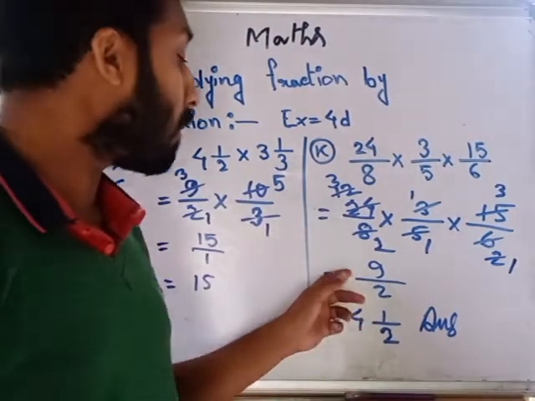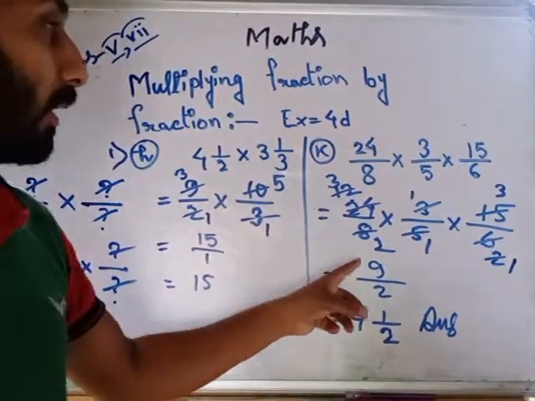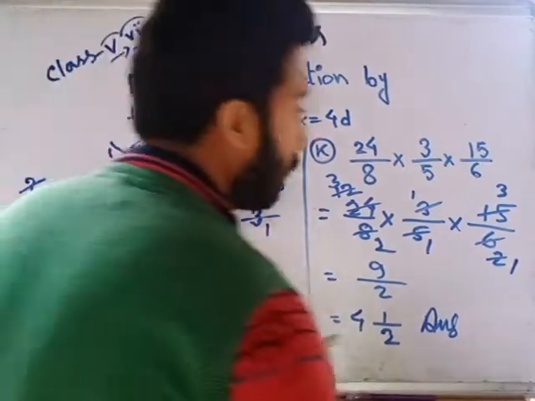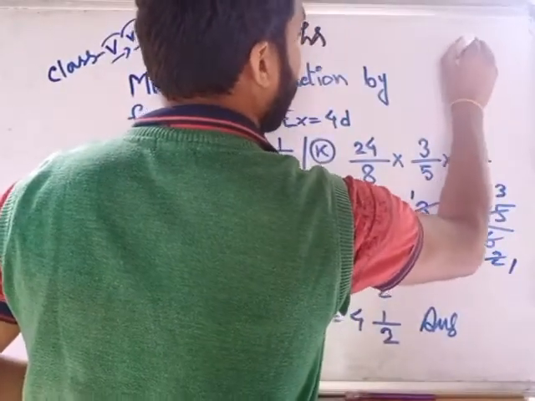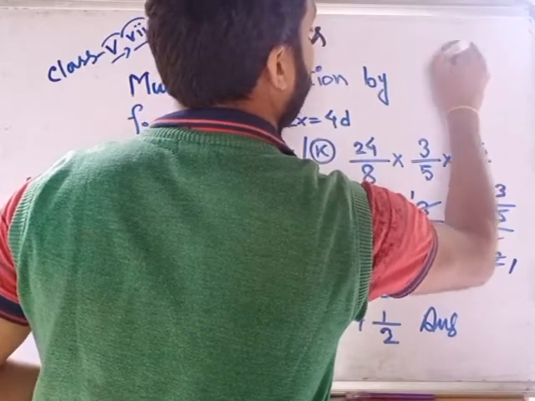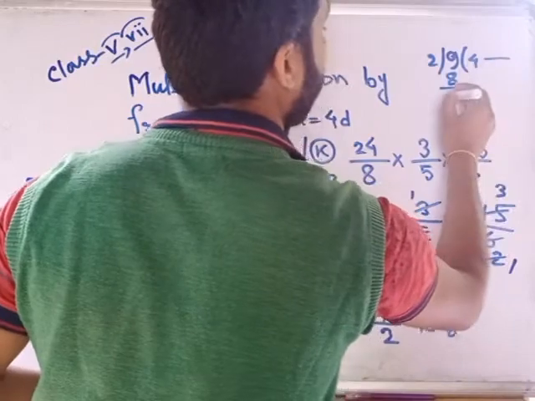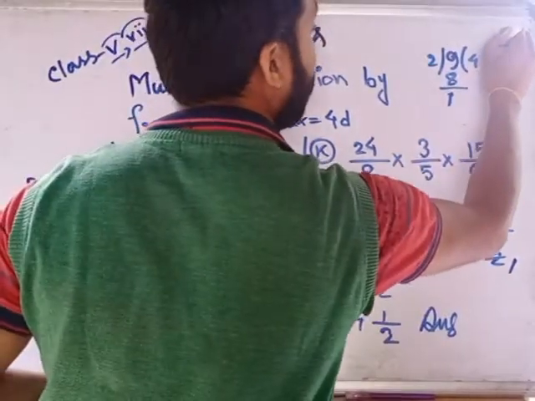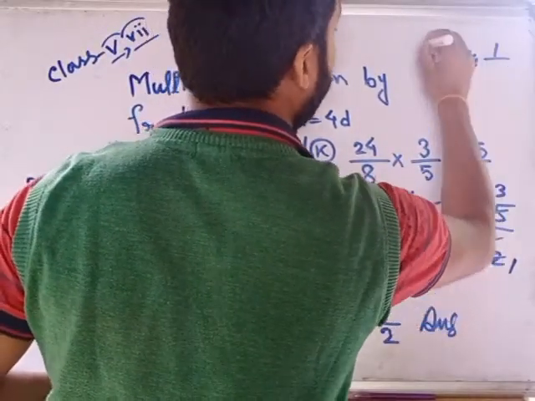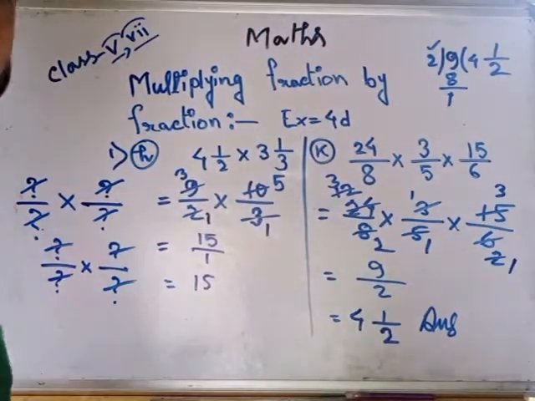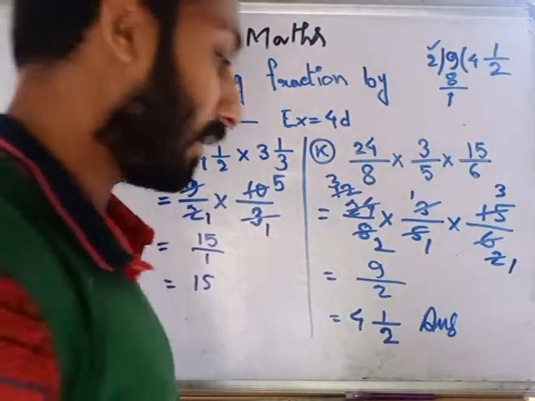If it is an improper fraction, then we should convert it into a mixed fraction. 2 4s are 8. So 1 is the remainder, that means 1 as a numerator, and 2 is the divisor, that means 2 we should write here as a denominator.